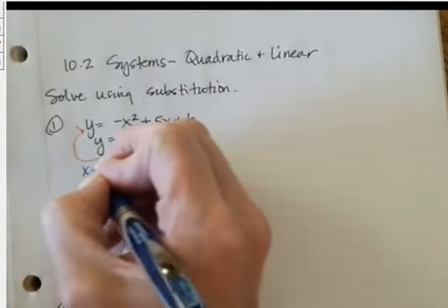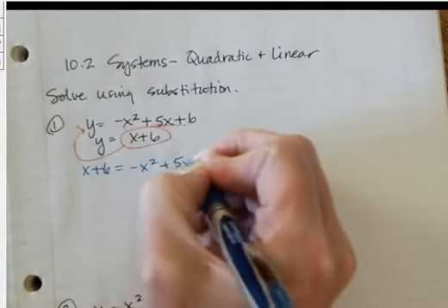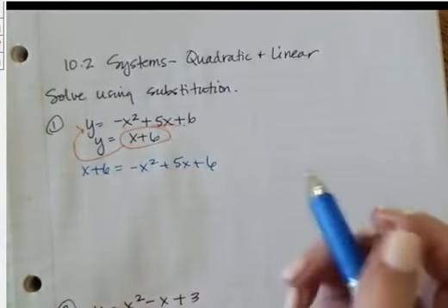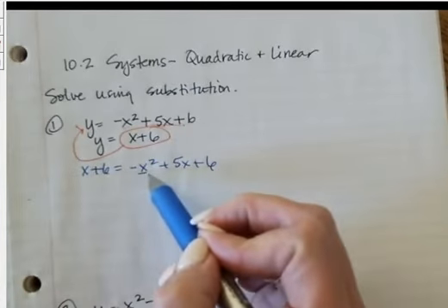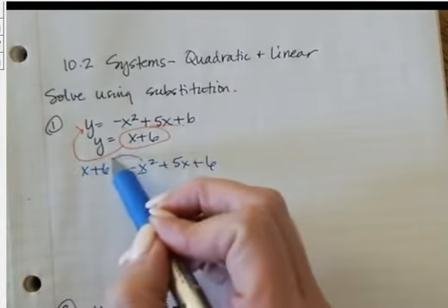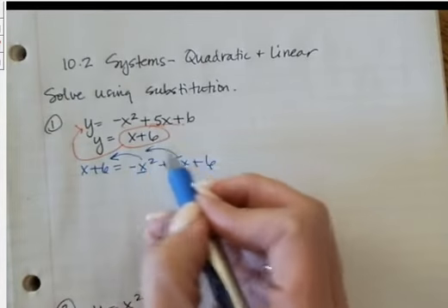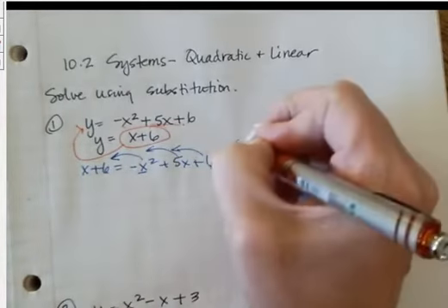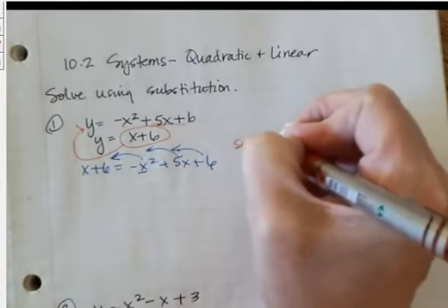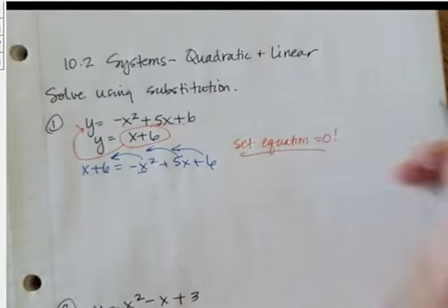If I do x plus 6 equals negative x squared plus 5x plus 6, I want to have my lead exponent be positive. So I'm going to move this guy over here, and I'm basically going to move everything over because I want it to be set equal to 0. Start with that.